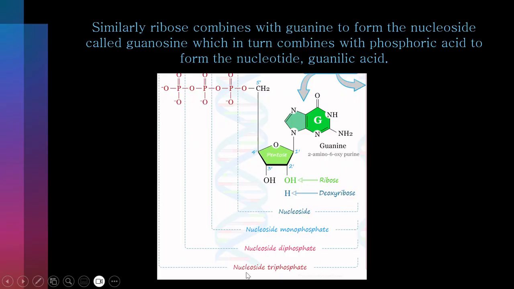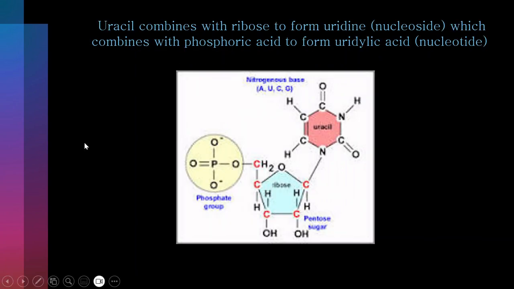So, nucleoside triphosphate is actually a nucleotide. This is just to bring out the difference between what a nucleoside and nucleotide is. Now, if we consider uracil, uracil combines with the ribose to form uridine nucleoside, and this combines with the phosphate group at the C5 carbon to form uridylic acid, which is a nucleotide.